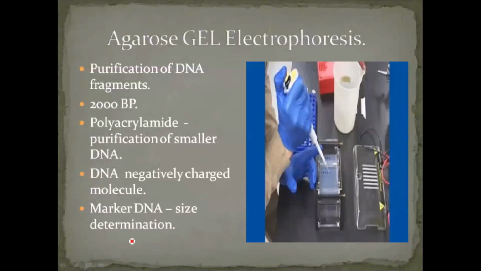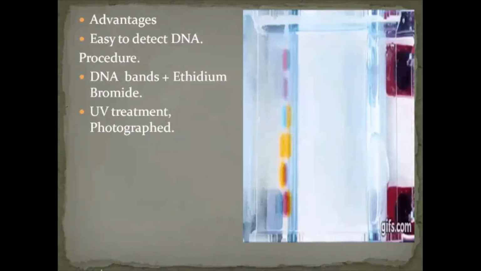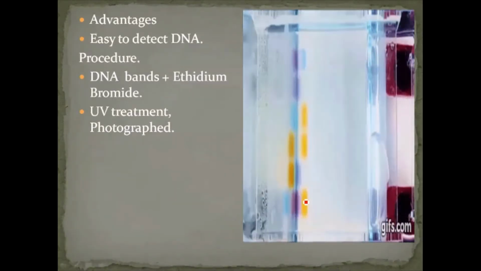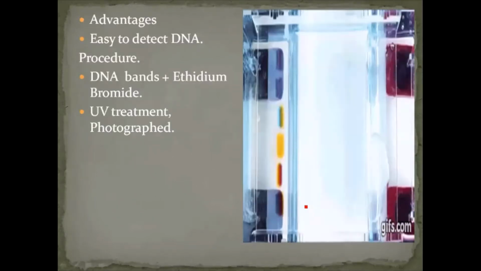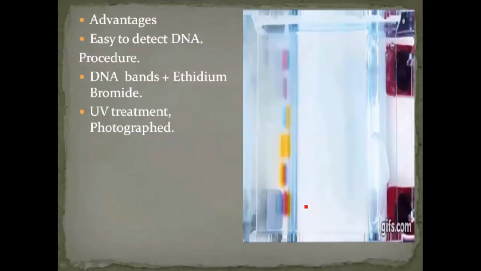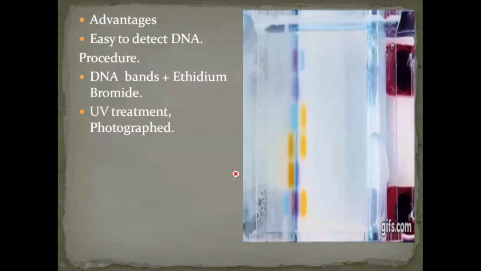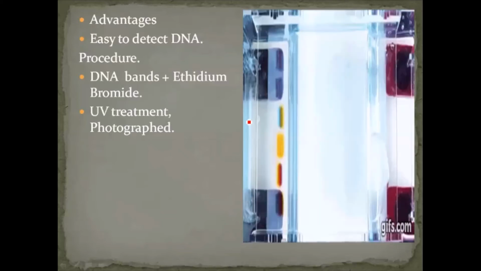Coming to the next one, apart from this purification, we have some advantages of electrophoresis techniques. Here you can see the movement of DNA particles based upon molecular weight, because different bands show different molecular weights of DNA fragments. By switching on the electrophoresis machine, you can see the buffer solution start to move along with the agarose gel.